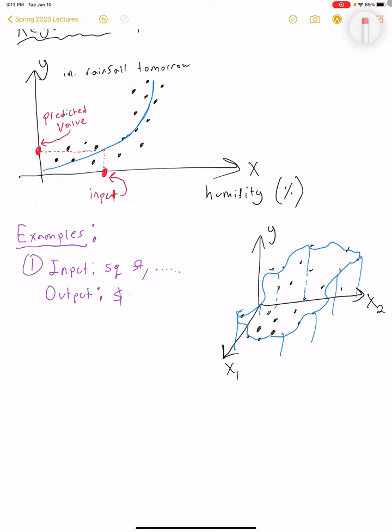Oh, I'm so sorry. As new data points are received, the curve will kind of adjust to it over time. Yeah, so if you get new data points, you could retrain the model, get a new curve, and use that for new data. We're actually not going to talk about how the machine learning model learns these curves until a few lectures later, because I think the best way pedagogically is to start with learning what machine learning models do, learn how to evaluate them given that you have a good model, and then we'll talk about the complexities of how it's learned, because it involves a lot of math.